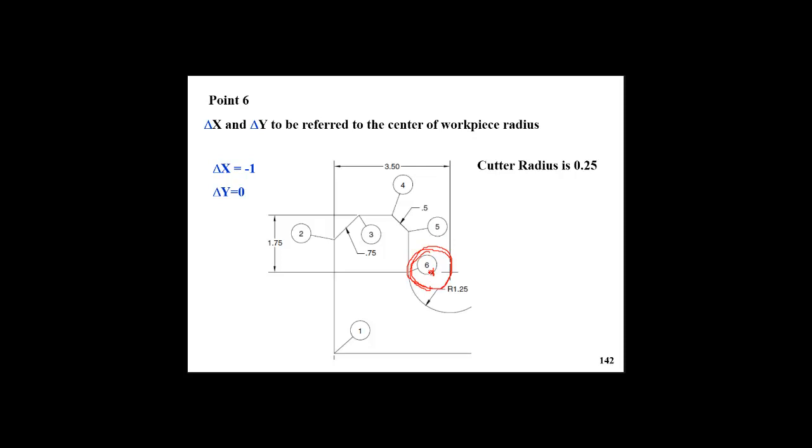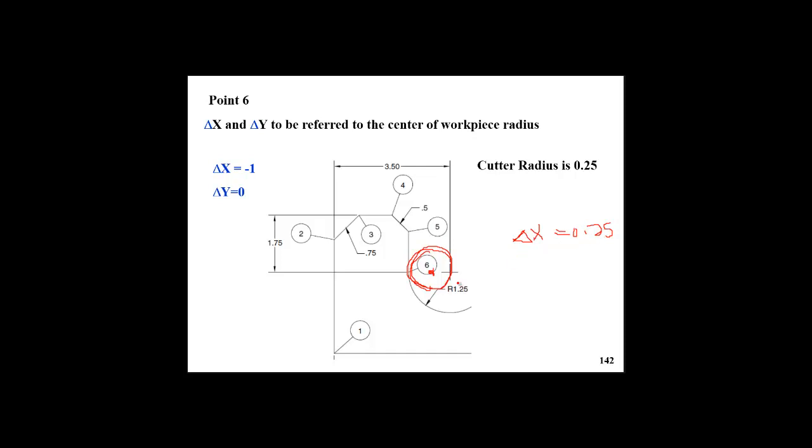So if the cutter radius is, for example, 0.25, dx will be 0.25. If the cutter radius is 1, dx will be 1.